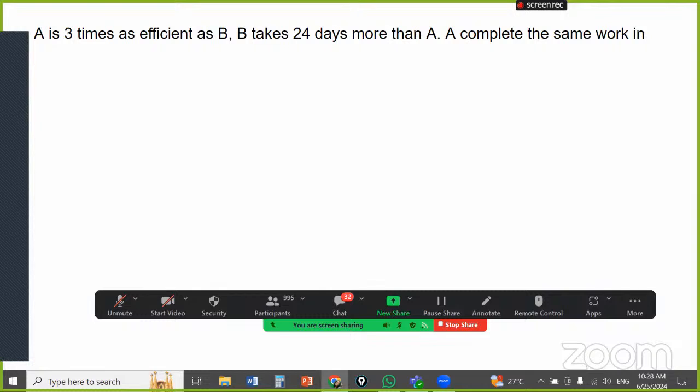Using the same concept only with a little bit of difference. No, 8 is not the answer. We have to take this in ratio. Then only you can solve this.